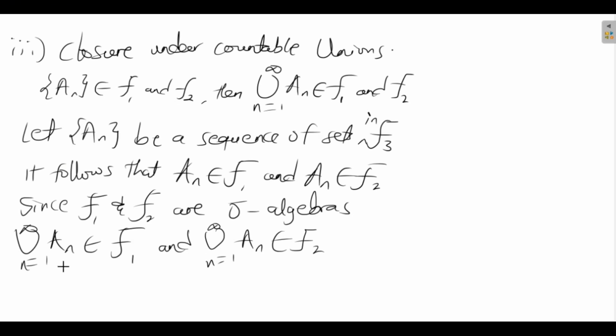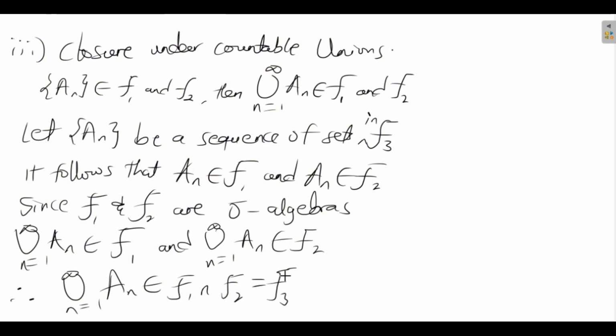So we can confidently say that the union of the sequence belongs to F1 and the same union belongs to F2. Therefore, the union from n equals 1 to infinity of AN belongs to F1 intersection F2, which is equal to F3, right? Because F1 intersection F2 is F3.